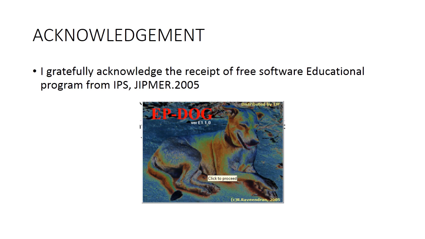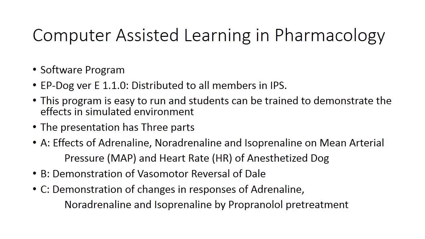A CD was received on dog blood pressure, which I have utilized for the software program. EP Dog version 1.1.0 is very simple to operate, and students can learn it by just pressing a few keys after demonstration. So it is very easy for students to operate under a simulated environment.